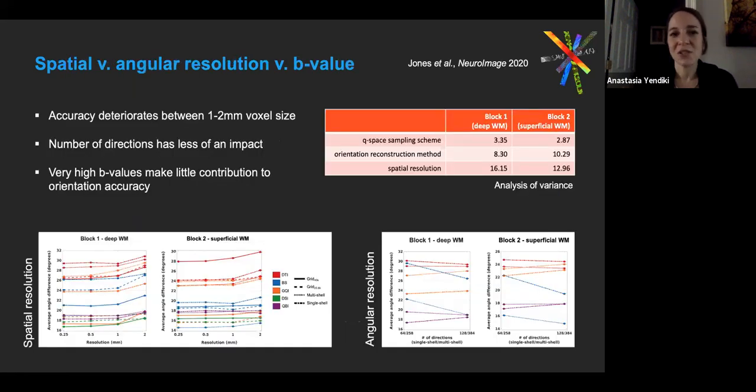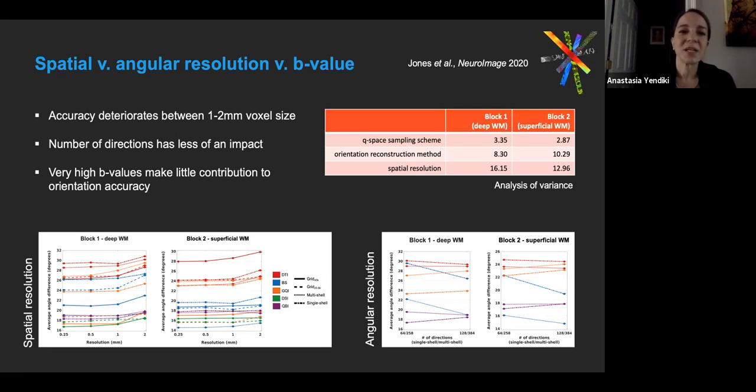Some of the results from Robert's studies and analysis of variance showed that the biggest effect was that of spatial resolution, followed by the orientation reconstruction method, and then by the Q-space sampling scheme. Specifically for the spatial resolution, the accuracy deteriorates between 1 millimeter and 2 millimeter voxel size, and then it stays relatively stable.